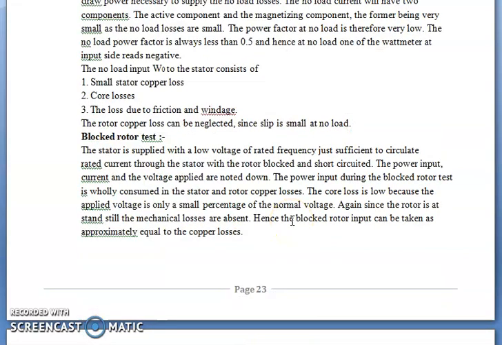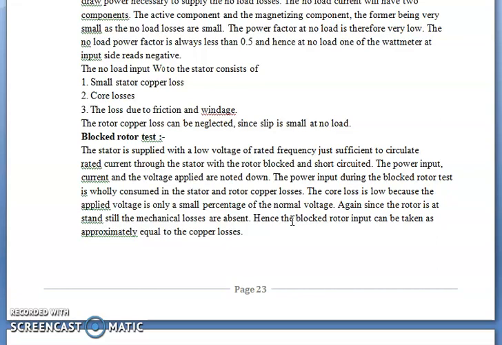Okay, then during the block rotor test, the rotor shaft of the motor is blocked. It can be blocked either by hand or using some mechanical loading arrangement. During the block rotor test, current through the stator winding is circulated up to the rated current of the machine. Hence, whatever voltage is applied during the block rotor test will be less compared to the no load test.